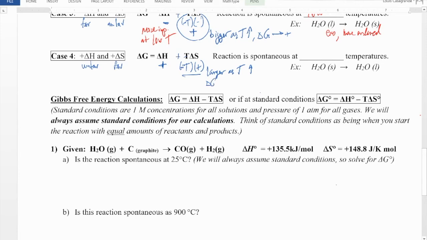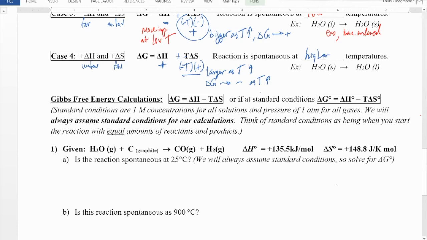And so the delta G becomes negative, right? We're subtracting a larger number. So delta G becomes negative as T goes up.